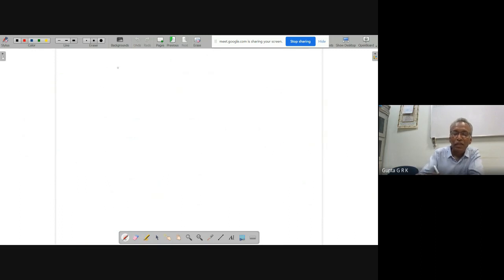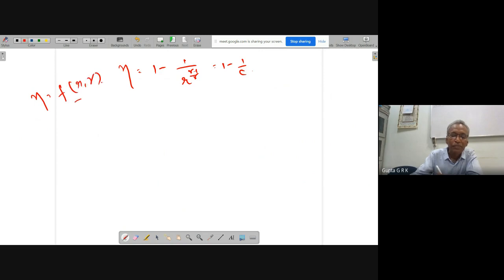Now I have efficiency equal to 1 minus 1 by R to the power gamma minus 1 by gamma, that is equal to 1 minus 1 by C. So efficiency is a function of R and gamma. If I take R, when R equals 1, efficiency is 0.